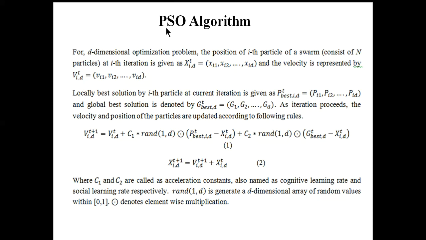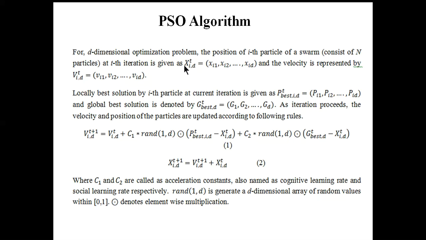Okay, so for a d-dimensional optimization problem, the position of the ith particle of a swarm at the tth iteration is given by x_id^t, that is x_i1, x_i2 up to x_id, as we already considered a d-dimensional search space.